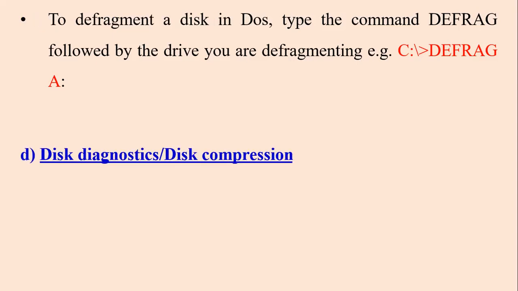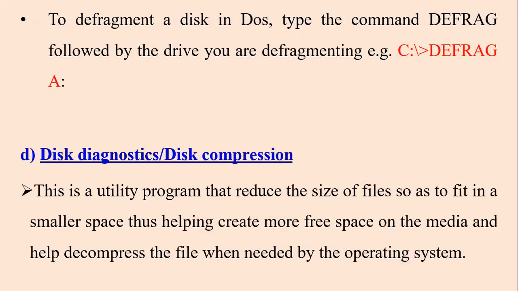Let's now look at disk compression. This is a utility program that reduces the size of files so as to fit in a smaller space, therefore helping create more free space on the media and helping decompress the file when needed by the operating system.